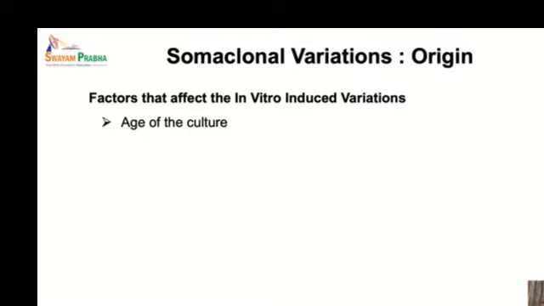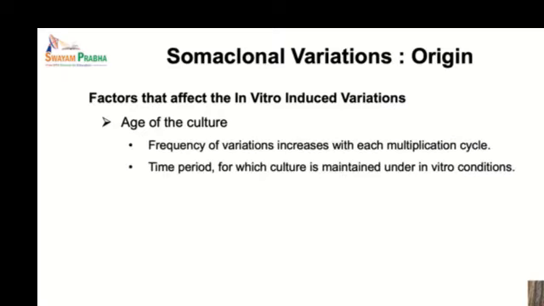In the in vitro cultures, tissue is continuously induced for multiplication at a high rate, and it can affect the genetic stability of the tissues. Generally, the frequency or the rate of accumulation of variations increases with the increase in the number of multiplication cycles.